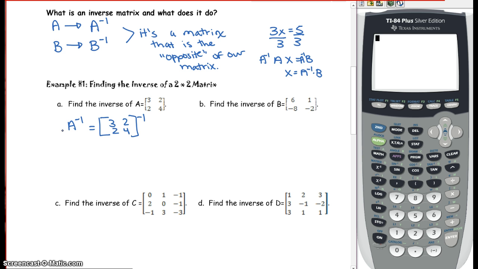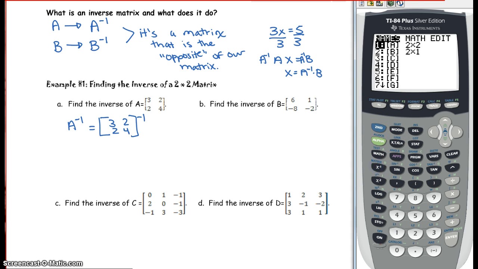In the calculator, there is a place where you can put the matrices. It says matrix in blue, so we go second, matrix. I have done matrices before, so you might not have anything here, but I do. We go to the edit section, go to the right twice, and press enter. Now we put the rows and columns.